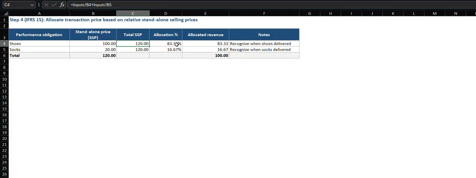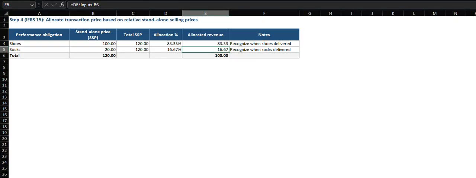In this total, the shoes represent 83.33% and the socks represent 16.67%, which is the amount in rupees to allocate to the socks. This allocation follows the core requirement of IFRS 15: when the performance obligation is satisfied, then these amounts are recorded in our revenue book.